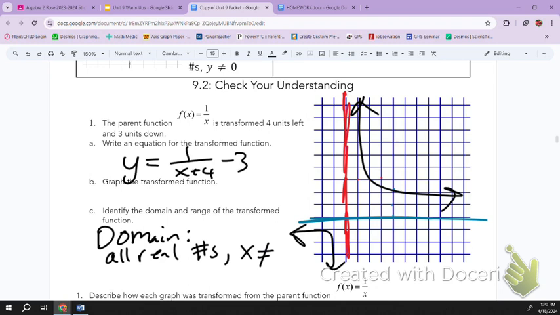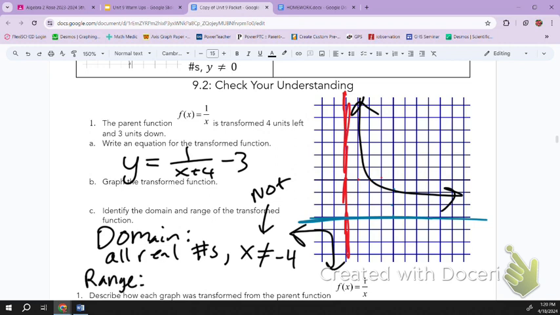The vertical one. Where's my red asymptote? Yeah, it's at -4. So I have all real numbers for x. Remember, this symbol means not or cannot be. So x cannot be at -4 because I've got my vertical asymptote there.